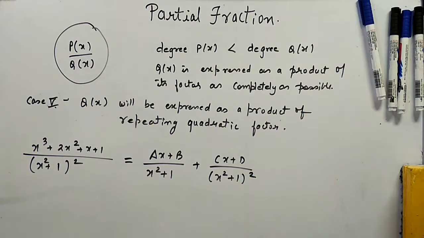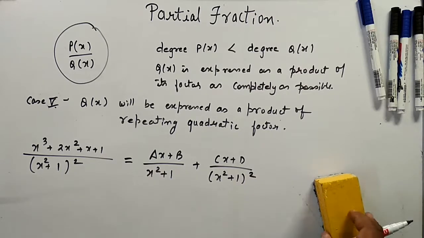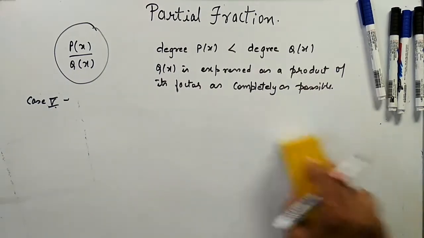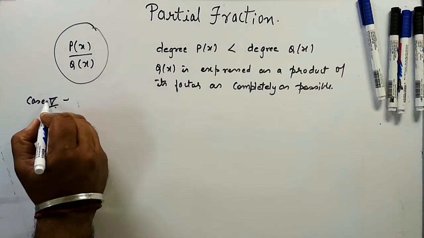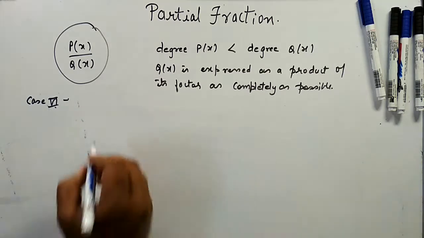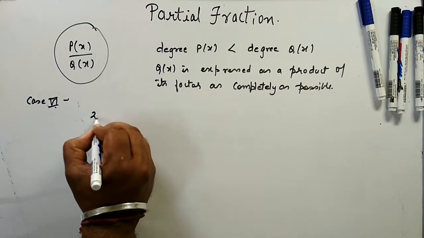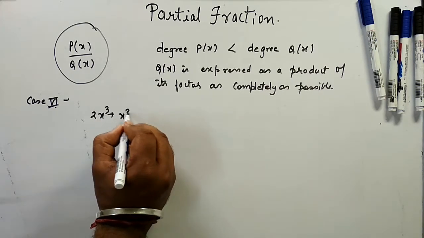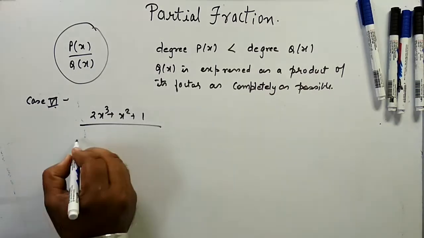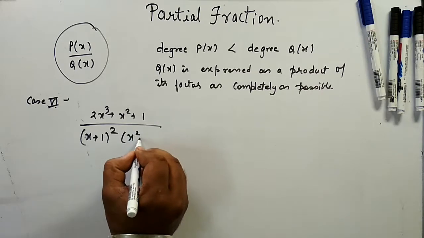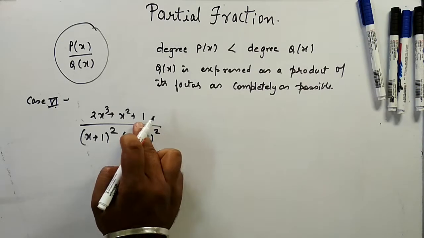Okay, now in the sixth type, q of x will be expressed as a combination of all such types. I will explain to you. That is, if we take an example like this, 2x cube plus x square plus 1 upon x plus 1 whole square into x square plus 1 whole square.